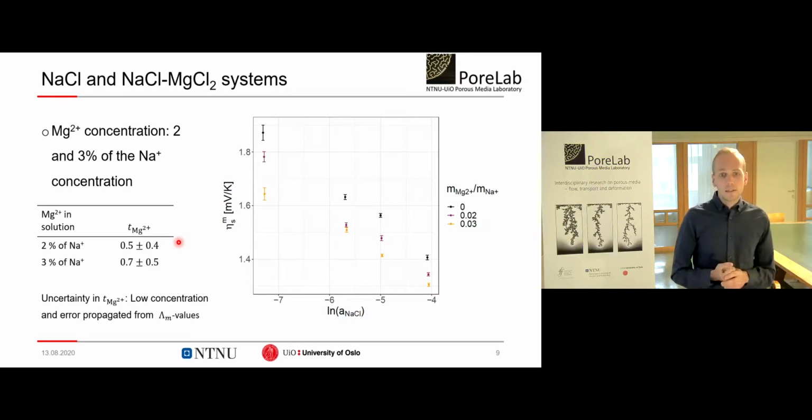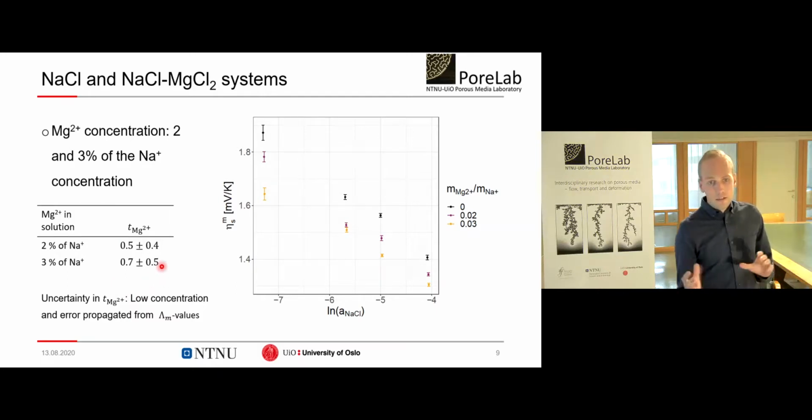You can note that this high uncertainty is both due to the low concentrations we have used and that error is propagated from the estimated lambda values. So with a larger span of concentrations and more refined lambda values, this uncertainty could probably be lowered significantly. But it shows a method to estimate the effect of magnesium.